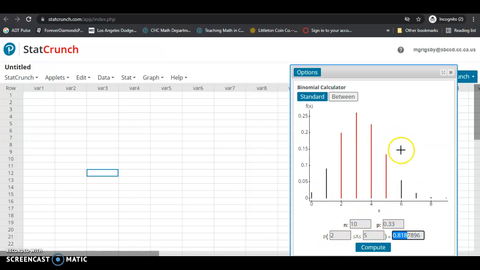Alright, and then the parts of the graph that correspond to getting between 2 and 5 successes out of a sample of 10 are highlighted in red here. Okay, so the total probability there is 0.818. Okay, and then that 8 there gets rounded up to a 9, so 0.819 is the probability.